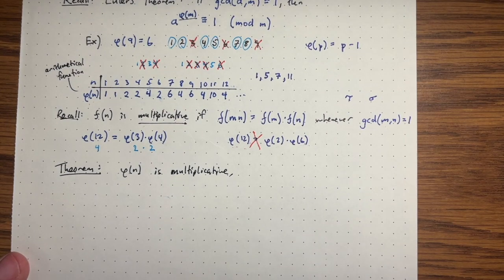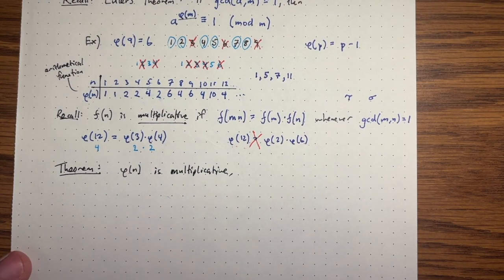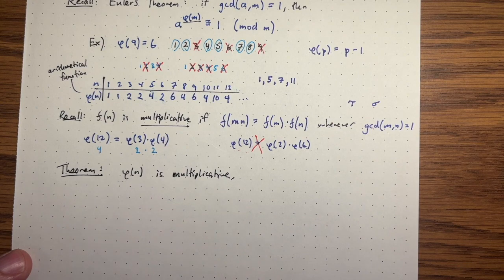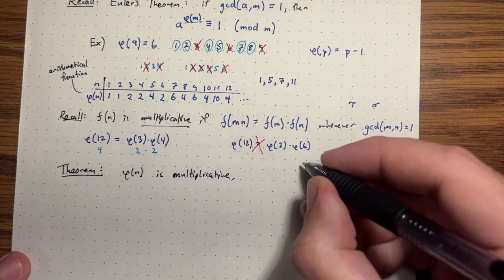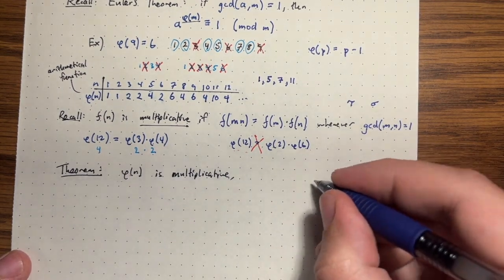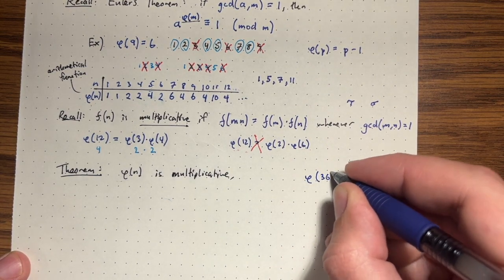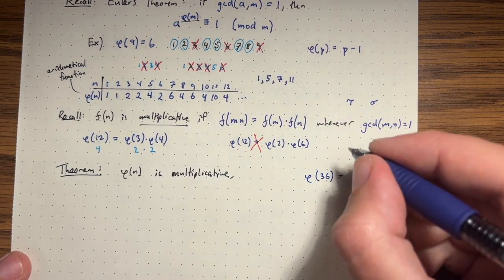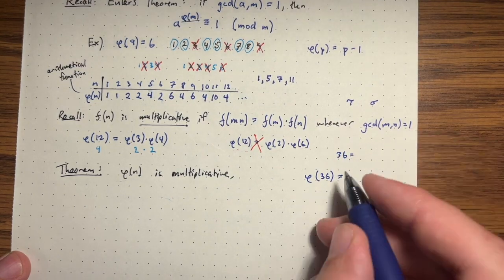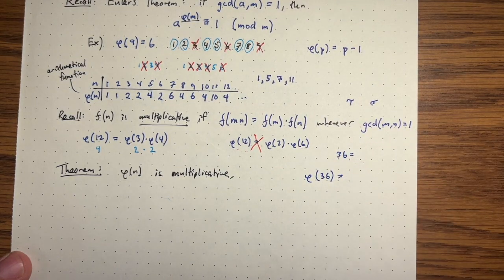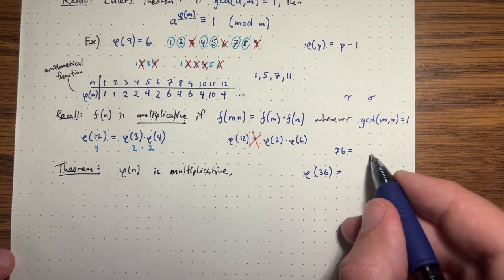This makes it really nice to compute phi of n. So for example, if I had phi of, let's pick a large number, 36. Well, let's try to break 36 down as a product of coprime factors.